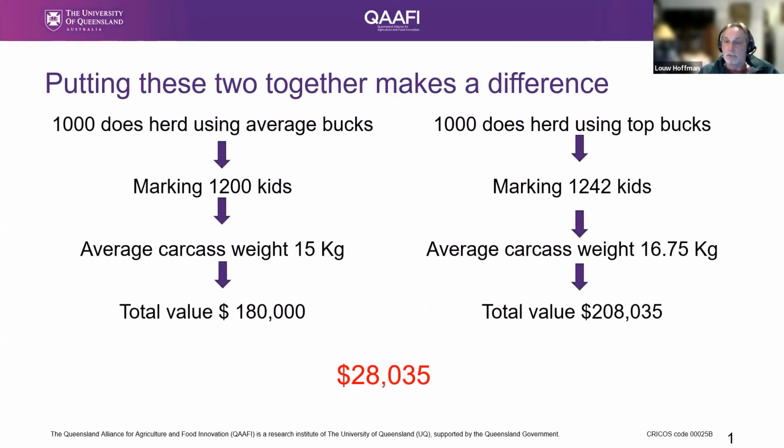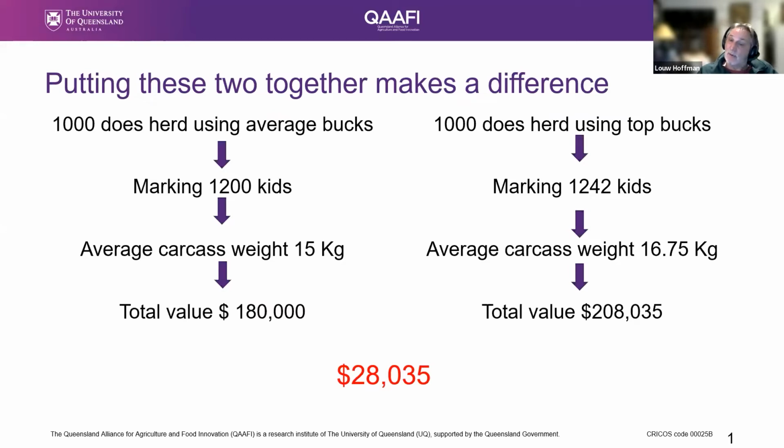So putting these two together will make a difference. If I have 1,000 does using average bucks, I'll be marketing 1,200 kids of an average carcass weight of 15 kg, and the total value that I'll get in is $180,000. But if I use the same 1,000 does and I use the top bucks, and I take into account both the fast post-weaning growth as well as the fertility, I'll be marketing 42 kids more.